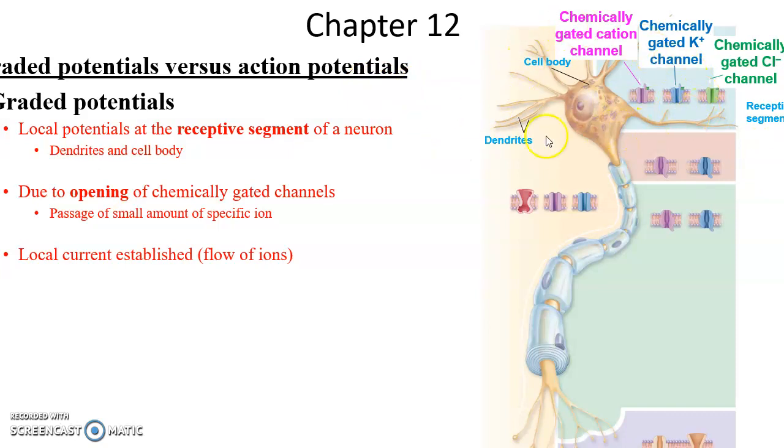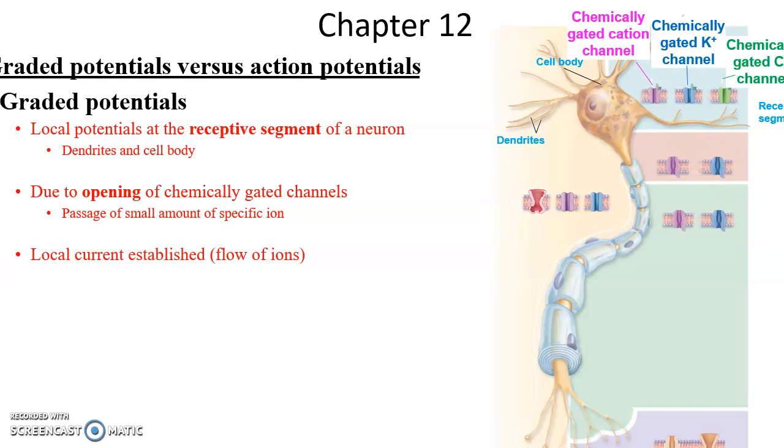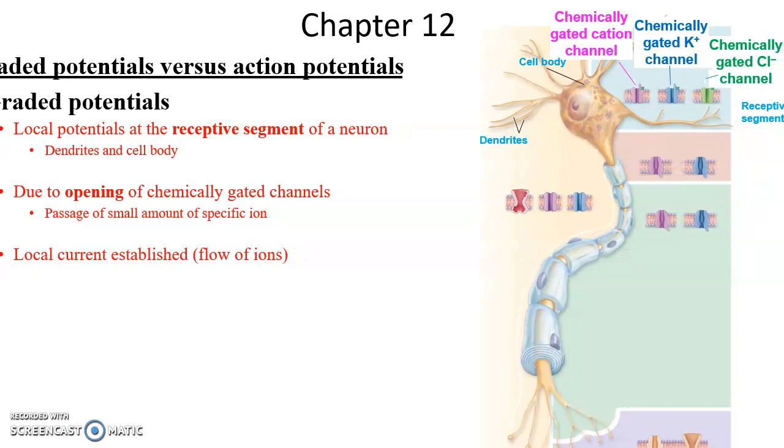So when we talk about receptive ends, say cell body and dendrites, then we're referring to what are called graded potentials, which are where the change, the depolarization or hyperpolarization, is occurring because of the opening of chemically gated channels, where the neurotransmitter is binding to a receptor, opening those ion channels. And this usually only allows a small amount of ions to cross over, causing a local change in charge. It's more localized.